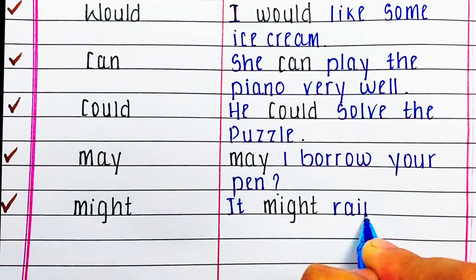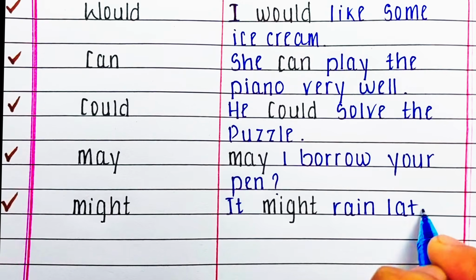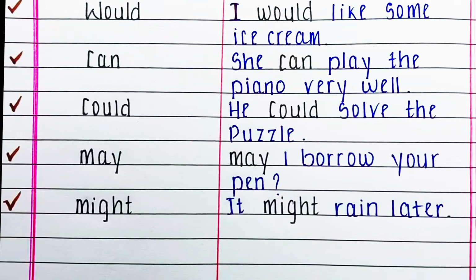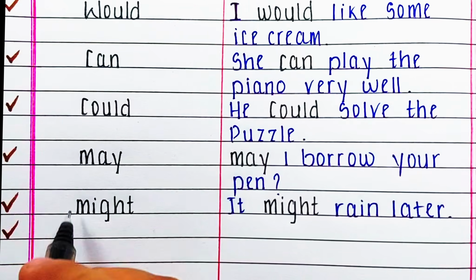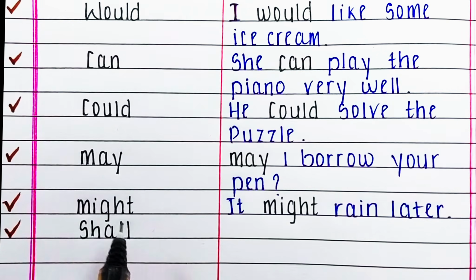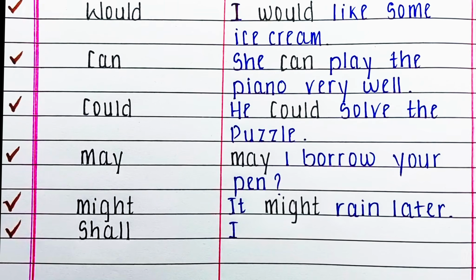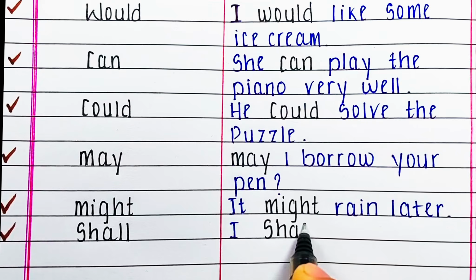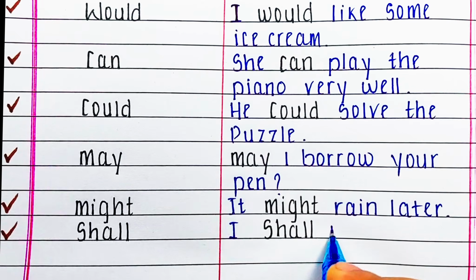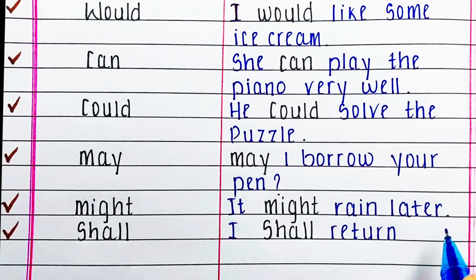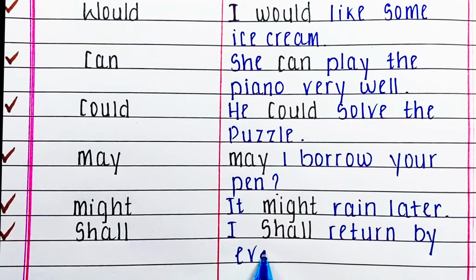Example, it might rain later. Here, might is the helping verb and rain is the main verb. Next, shall. Example, I shall return by evening. Here, shall is the helping verb and return is the main verb.